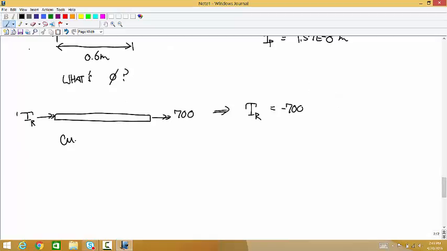And then you do your cut. Now that you know that this is 700 this way, to find your internal torque T, that says that T is equal to positive 700 Newton meters.